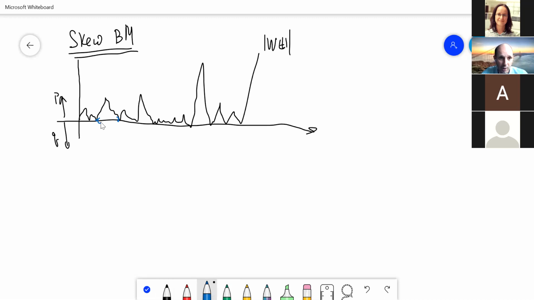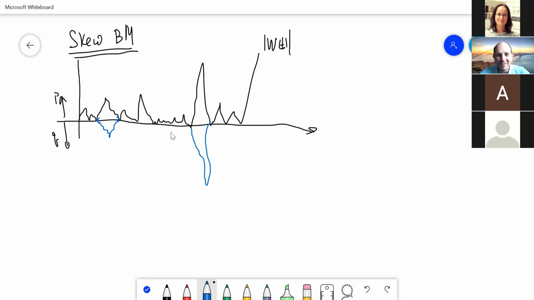For example, with probability Q you flip this excursion, or here you leave it as it was, and here you flip the graph, and then the result is such a process. So excursions with probability P are above zero, and with probability Q are below zero.